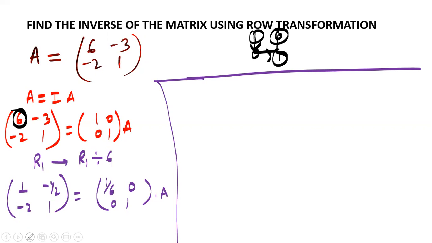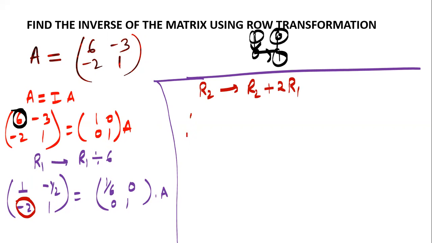Now, my agenda would be, now according to this, I'll make it 0. What can be done? I can write R2 arrow, R2 plus 2R1, multiplying it by 2 and adding it into R2.